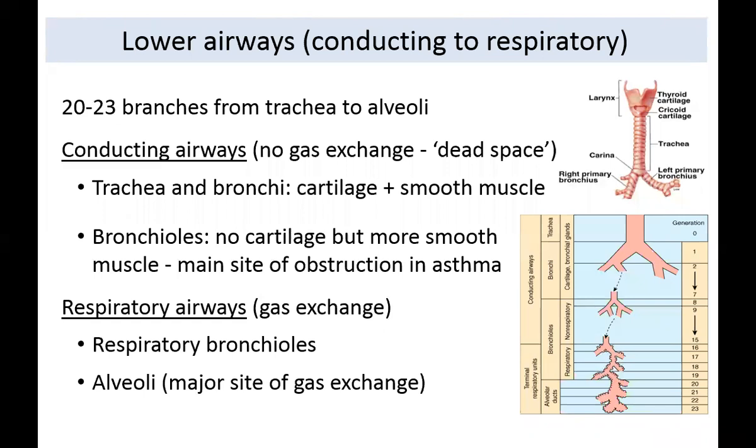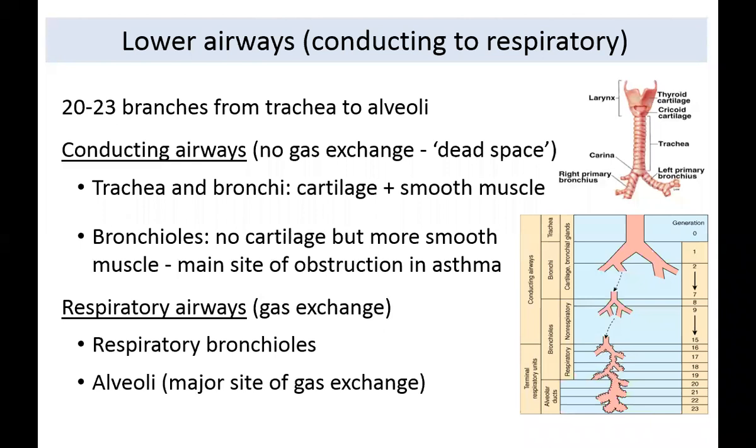Once you get past the bronchi, you get to the bronchioles and some different structural features. There is no cartilage, and there's lots of smooth muscle. So these airways can close off because there's no cartilage to hold them open and lots of smooth muscle to constrict them.